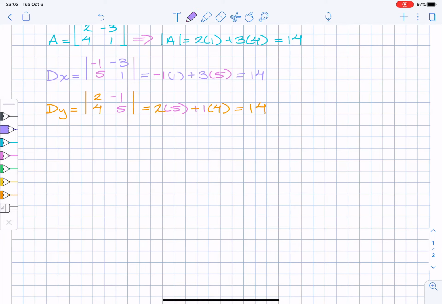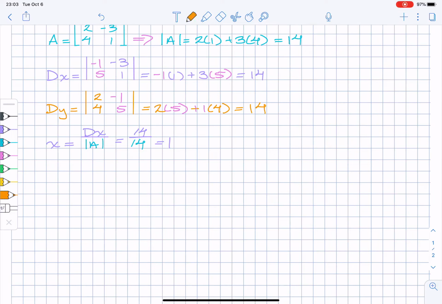Okay, so I claim that x, which is capital D sub x divided by the determinant of A, is going to be 14 divided by 14, which is 1.